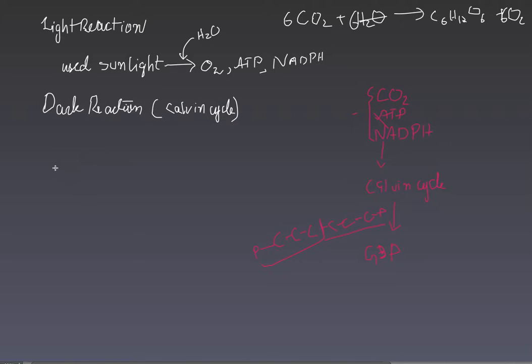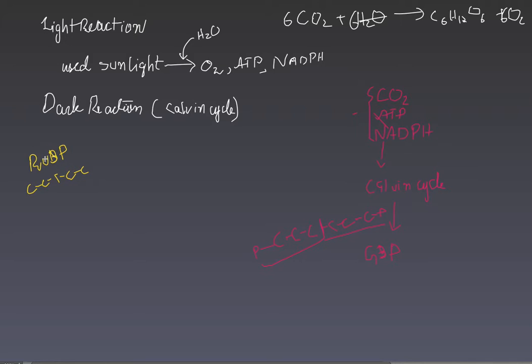We start off with a molecule, and it's written like this: RUBP, which stands for ribulose bisphosphate, a 5 carbon chain molecule.